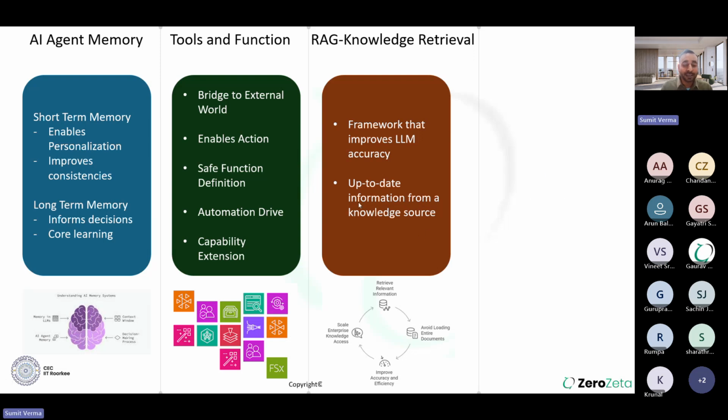So the next part is tools and functions. During the previous conversation, we talked about different tools. Why do we need tools? We need tools to perform certain actions. Suppose I want to fetch some relevant document from my store.